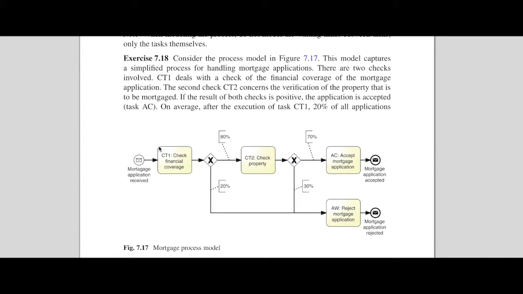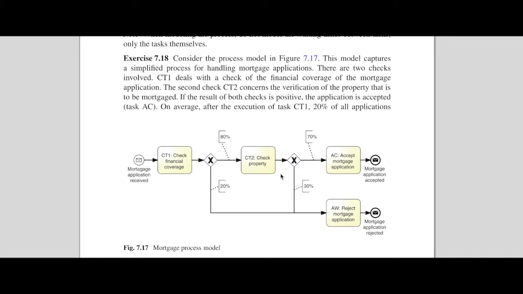This model captures a simplified process for handling mortgage applications. There are two checks involved. CT1 deals with a check of the financial coverage of the mortgage application, and the second check, CT2, concerns the verification of the property that is to be mortgaged.